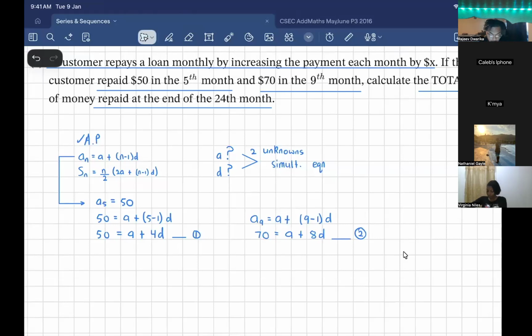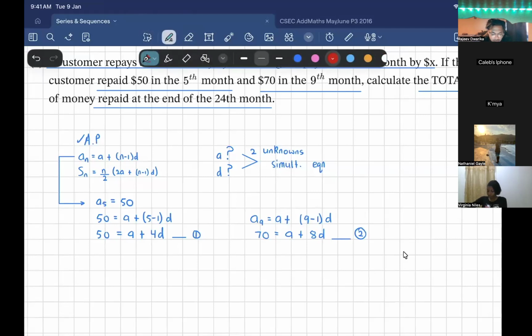I typically prefer elimination for linear equations like these, but you could use substitution. If you're comfortable with substitution, we could go with that. So tell me what to do. Walk me through this, Nathaniel.